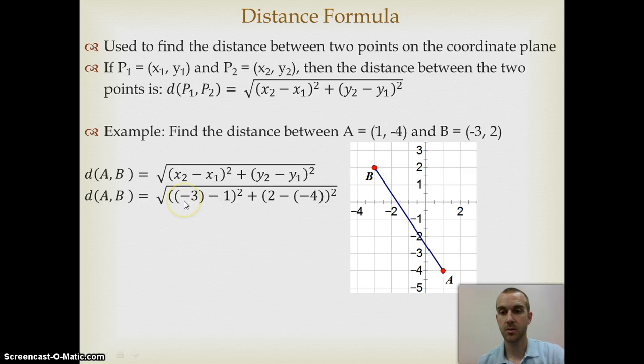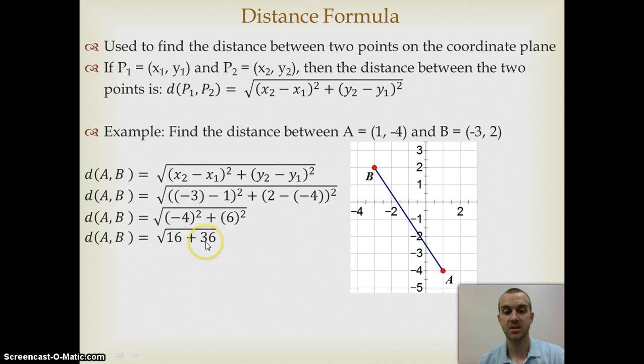So -3 minus 1, x2 minus x1, and then 2 minus -4, y2 minus y1. I just have to pay attention to my negatives and make sure I enter them correctly. That's going to give me (-4) squared plus 6 squared. (-4) squared is 16, 6 squared is 36, and that gives me the square root of 52.